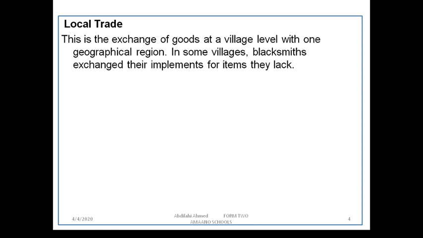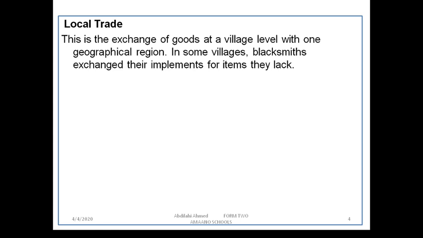So now, when they made different items, implements, they would exchange them for what they needed. For example, if a blacksmith makes a sword from iron and he needs food to eat, he can exchange. Students, do you know what this kind of trade was also called?